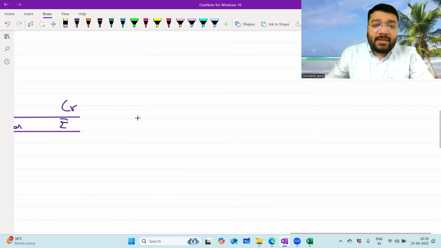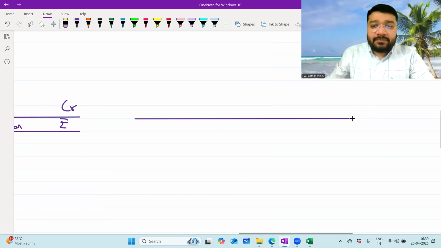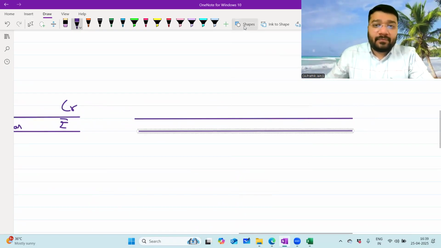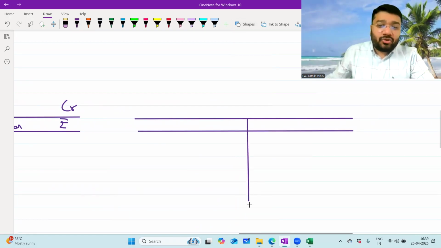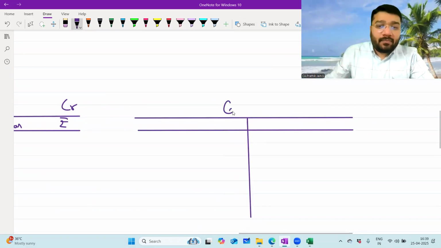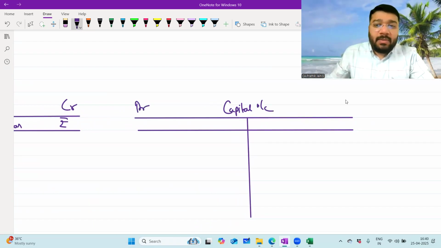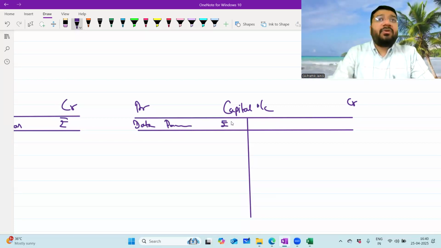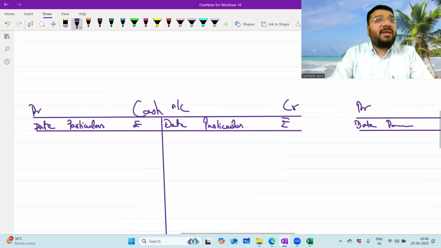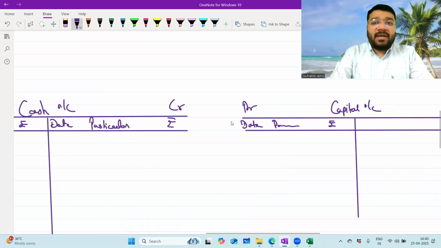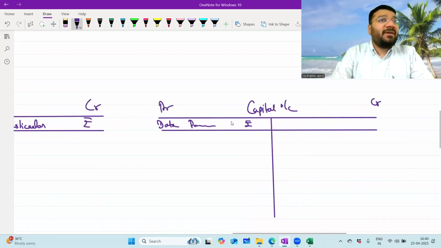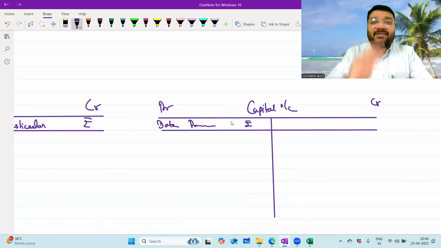Next ledger that I'm opening is the capital ledger. Capital account, debit, credit. You see the laziness. First time particulars properly written, second time particulars become my signature, in the next ledger particulars will vanish.